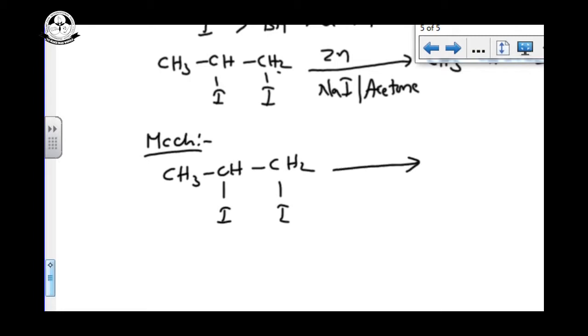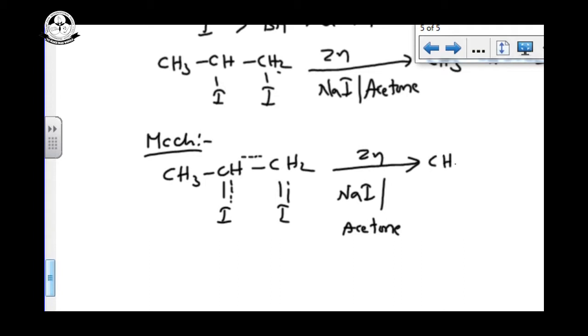I am adding zinc or sodium iodide in presence of acetone. Here bond breaking and bond making will be done simultaneously.